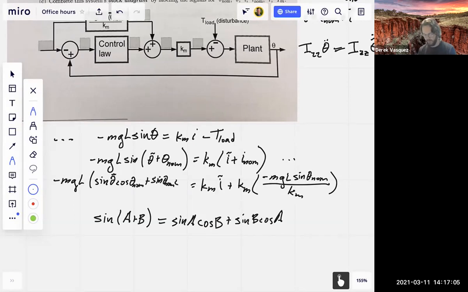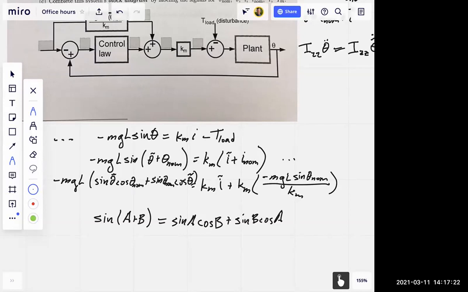Sorry, I'm running out of space here, so it's getting kind of hard to read. Okay, do we follow that? Okay.